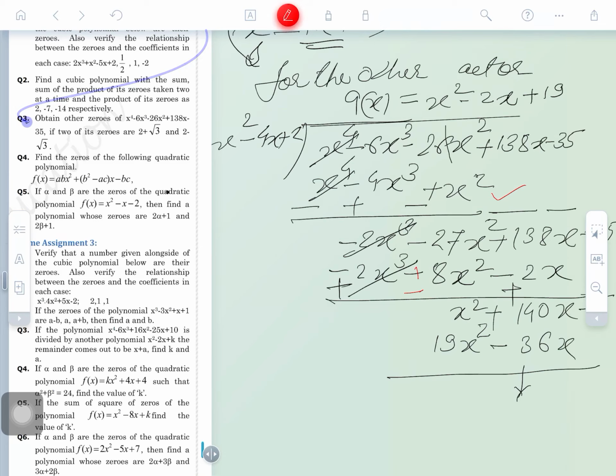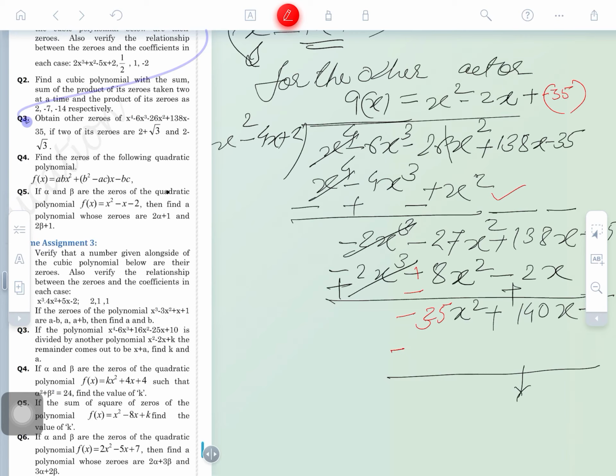Here will come minus 35, sorry, minus of 35, and further let us do this now. Again minus 35 will come here, not 19. What will come here? Minus 35, clear?